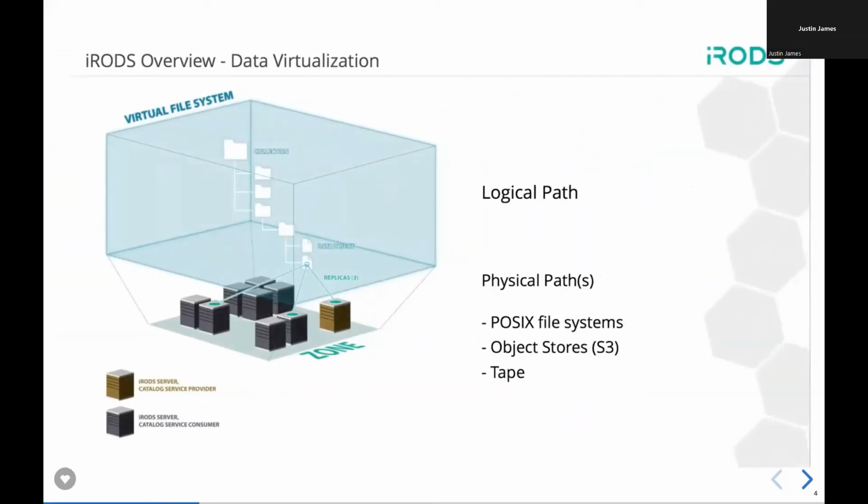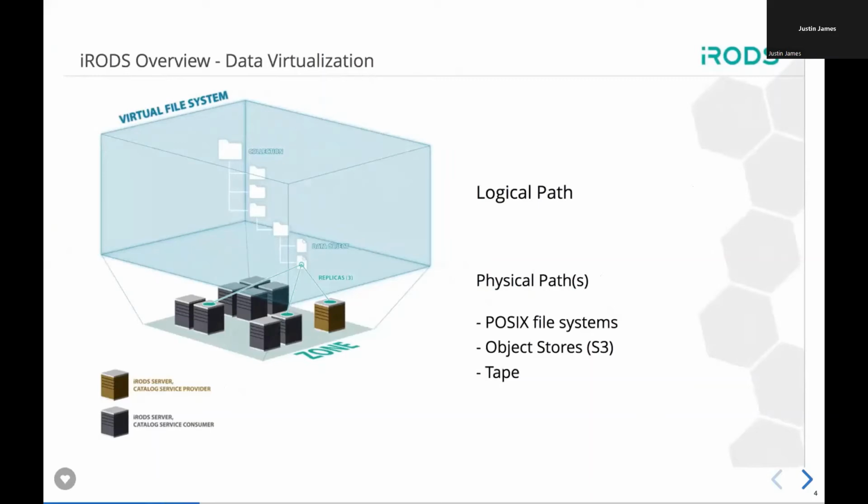Okay, the data virtualization. iRODS is kind of like a virtual file system as far as the data virtualization goes. We have collections, we have data objects, and those are roughly speaking the same as directories and files. The only difference is the data objects themselves can be replicated to multiple files on geographically distributed servers.